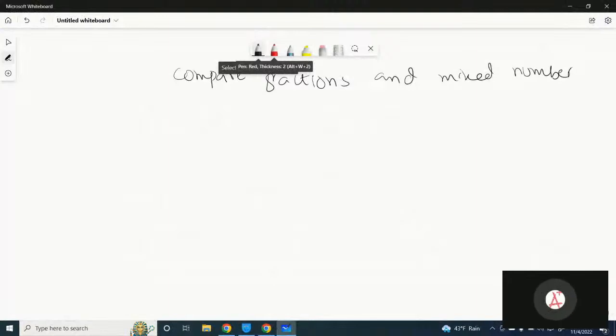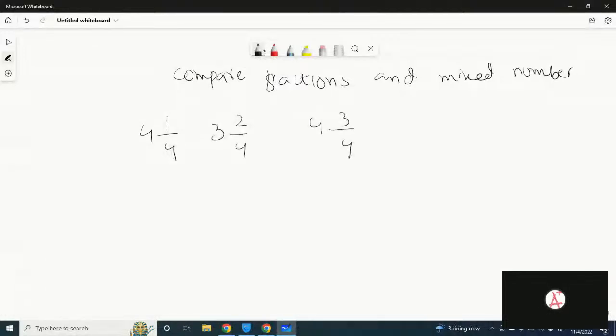Okay, the first example is which number is less than the one shown. The numbers are 4 whole 1 over 4, 3 whole 2 over 4, 4 whole 3 over 4, and 3 whole 3 over 4. These are the four numbers. You have to compare them with this one.